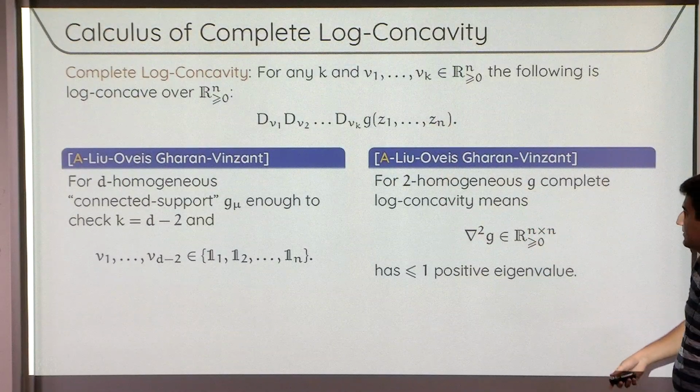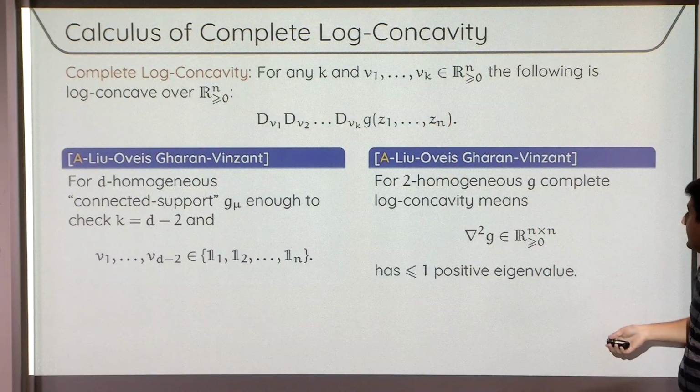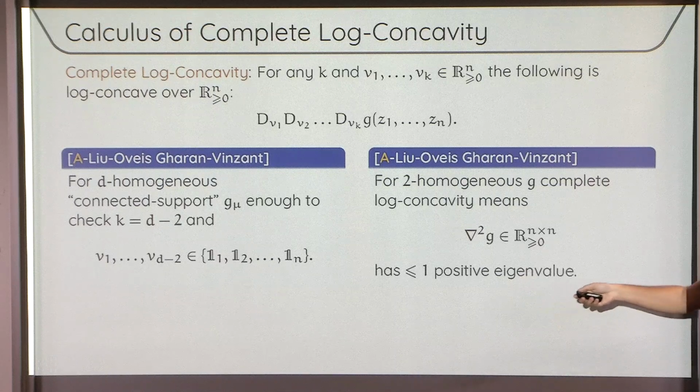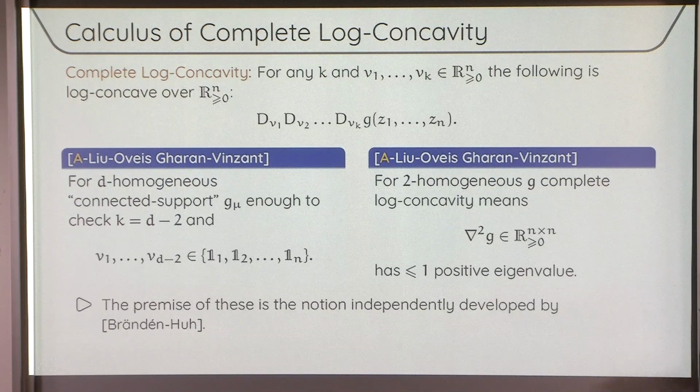You can reduce everything to d-homogeneity. Once you get to a degree 2 polynomial, the thing that you have to check for log-concavity is that the Hessian of the degree 2 polynomial, which is a constant matrix, so it doesn't matter at which point you evaluate it, has at most one positive eigenvalue. This notion that Peter and Juni Ha developed is basically the premise of these two theorems.